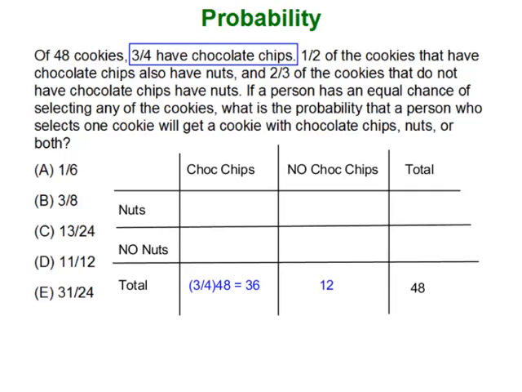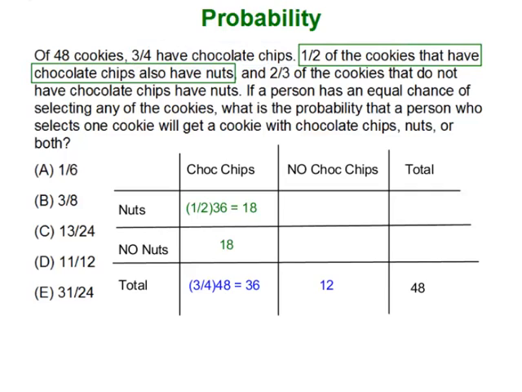The subtotal of all the cookies with chocolate chips is 3/4 of the grand total. 36 cookies have chocolate chips. That is 3/4 of all the cookies, and that implies that 1/4 of the cookies have no chocolate chips. The other 12 go here. And notice that this checks out. 36 and 12 must add up to 48.